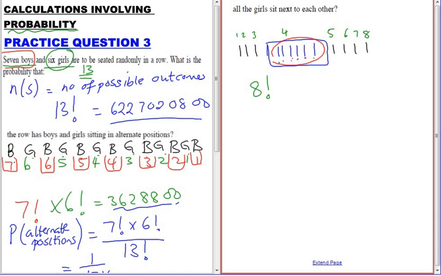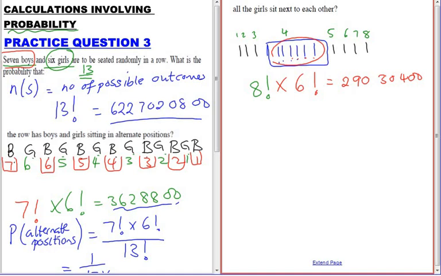How can you arrange those 6 things inside that box? Well, you arrange them in 6 factorial different ways. So the solution to that will be 8 factorial times 6 factorial.